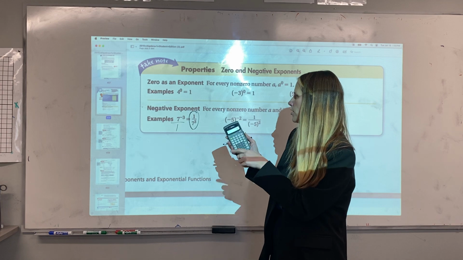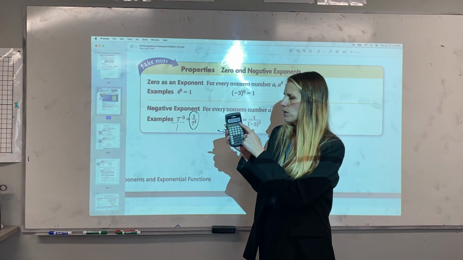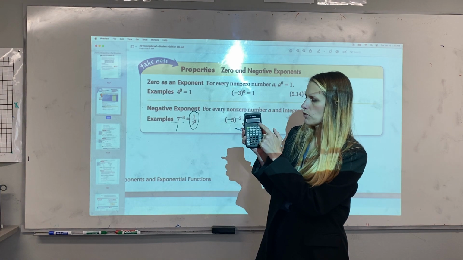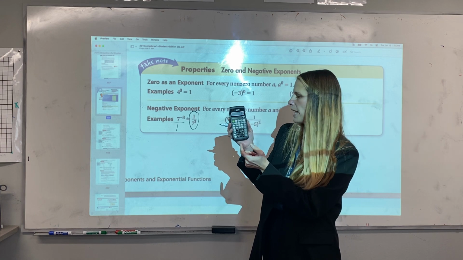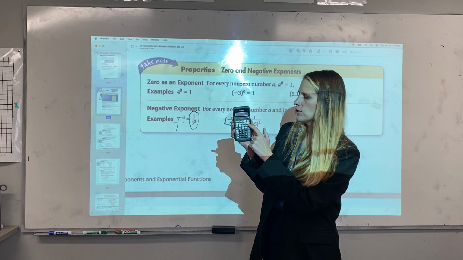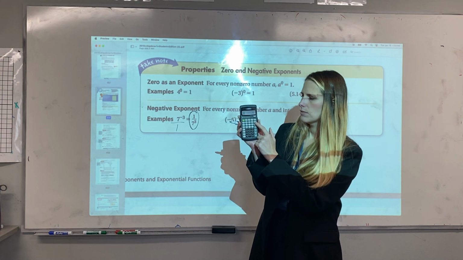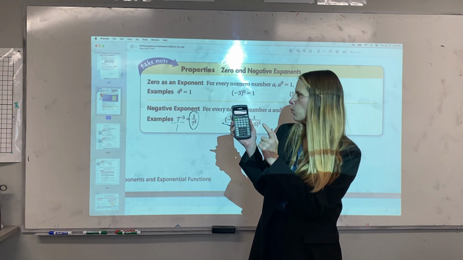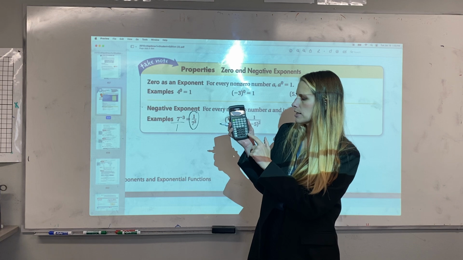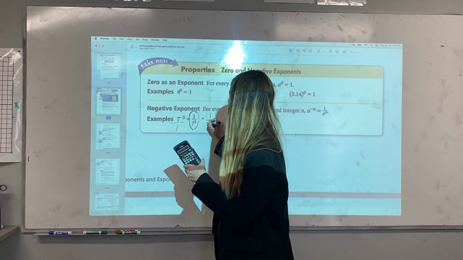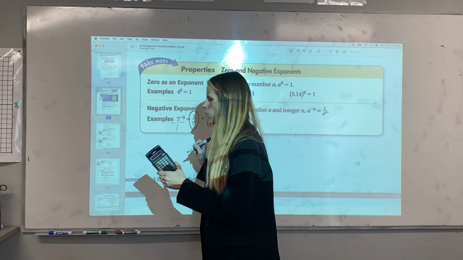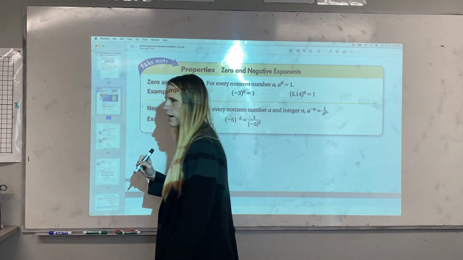So let's say you want to do 7 to the 3rd power. Go to the home screen, clear it. Type 7 as your base. Then go to the y to the x power button, click it once, and then type in your exponent, and then you'll get 343. So this would be 1 over 343, which is the final answer.